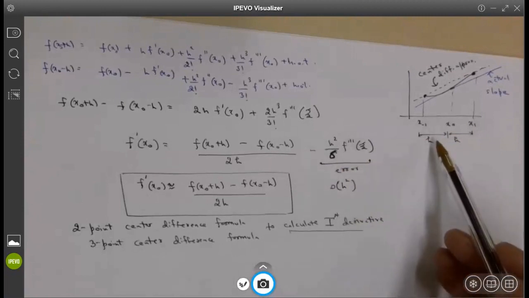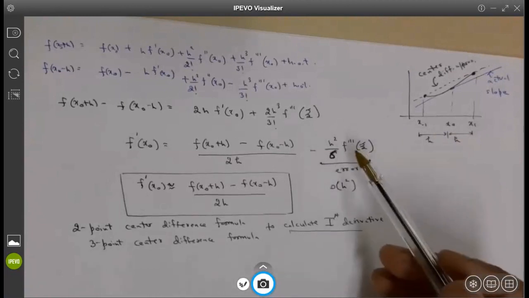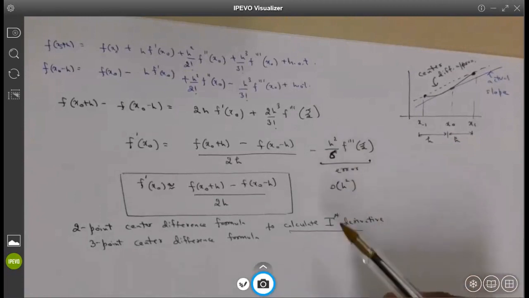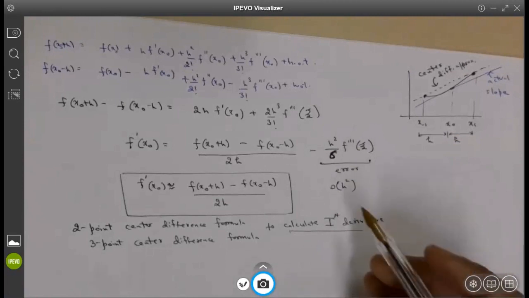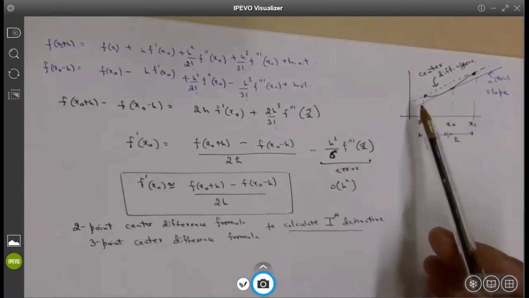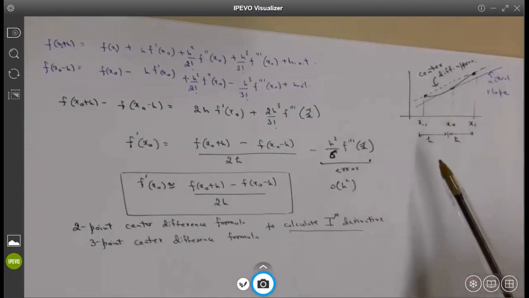If you reduce the step size by half, the error will be 1/4 of the actual error. So the rate of the error decreasing to 0 is much faster using the center difference formula than using either the 2-point forward difference or 2-point backward difference.